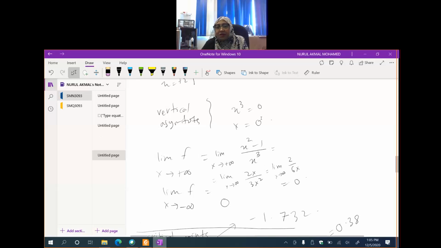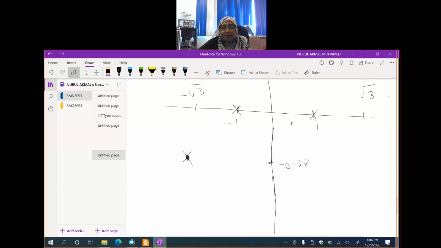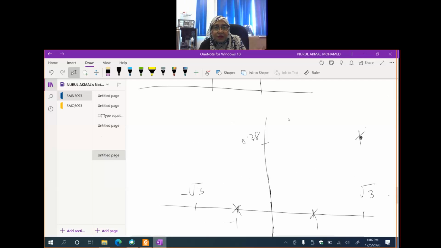Do we have vertical asymptotes? Yes, the vertical asymptote is at x equal to 0.